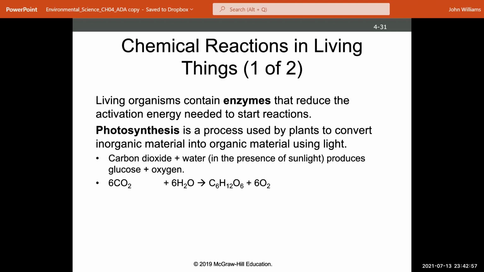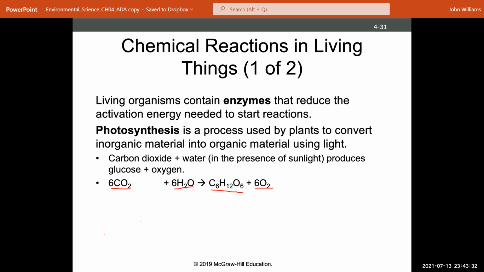And the formula for photosynthesis is 6CO2 plus 6H2O gives you C6H12O6 plus 6O2. So basically what this formula is saying is that you need 6 molecules of carbon dioxide, 6 molecules of water to give you 1 molecule of glucose and 6 molecules of oxygen.